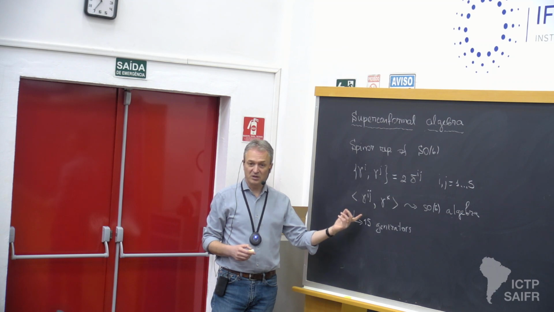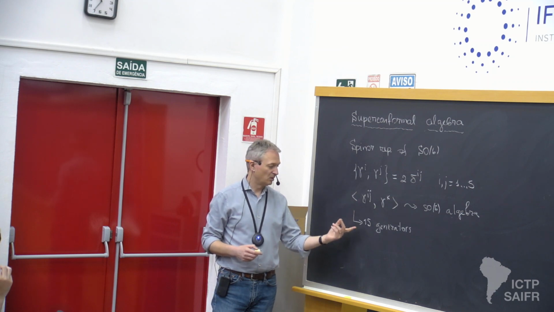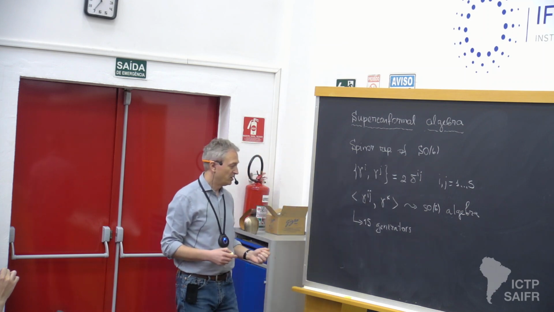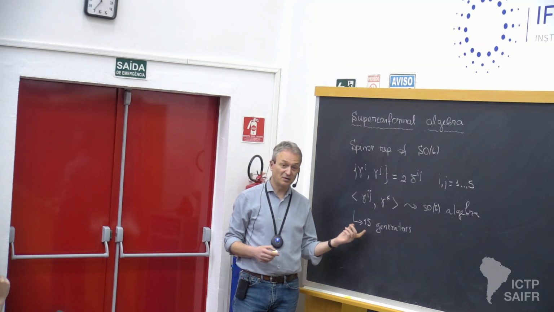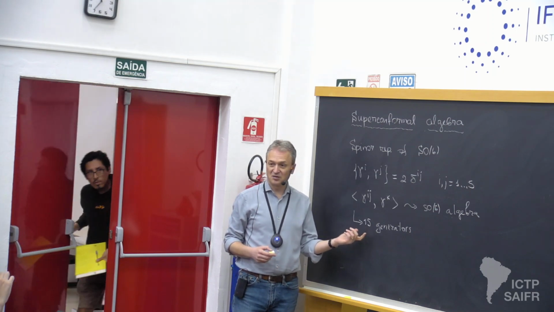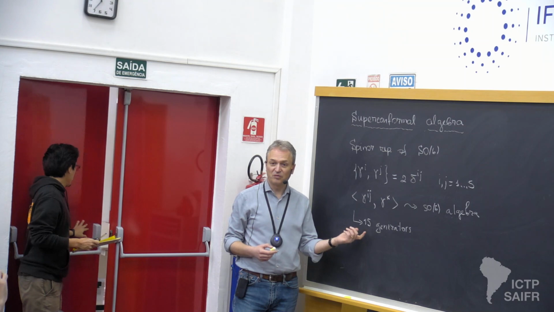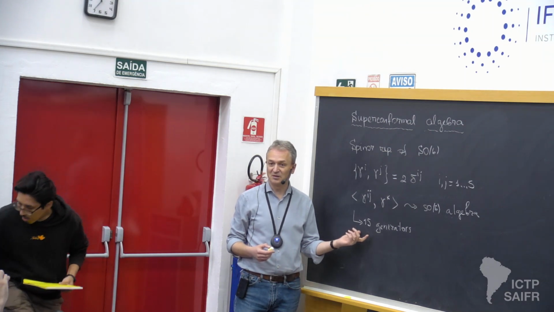They are traceless, and also they are Hermitian. And if you think how many Hermitian traceless 4x4 matrices there are, then you realize that they also form a 15-dimensional space, right?